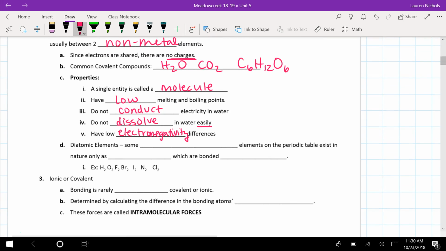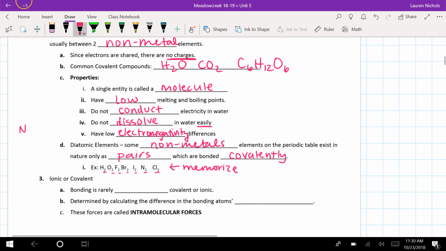Some non-metal elements only exist in nature as pairs. These pairs are bonded covalently because they're just bonded with one of the same element, so they all have this subscript 2 here. The way I like to say it is Hofprinkel, I just kind of pronounce it. But another way of remembering them, because you do have to have these memorized, is that there are 7 of them, and number 7 on the periodic table is nitrogen.